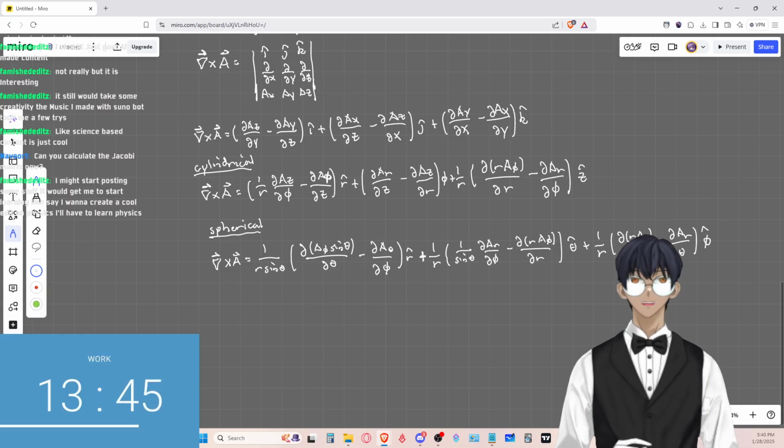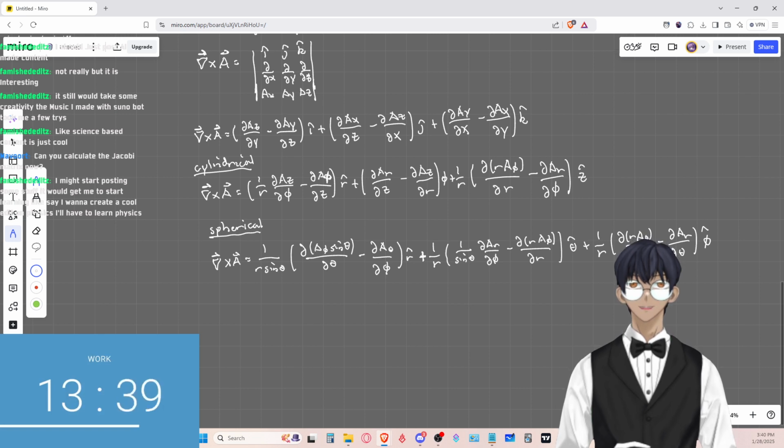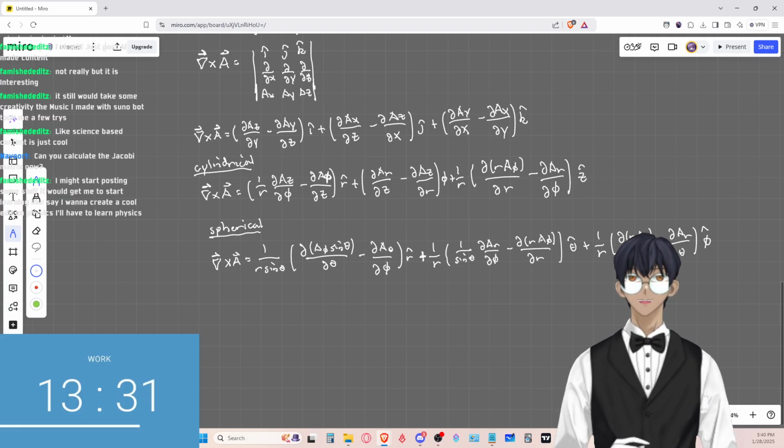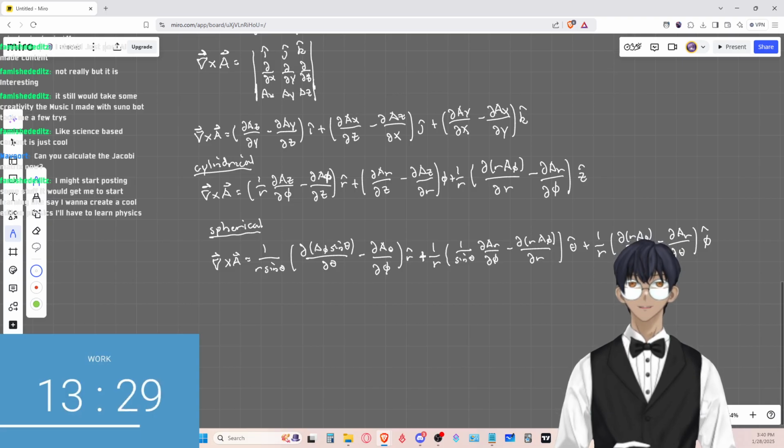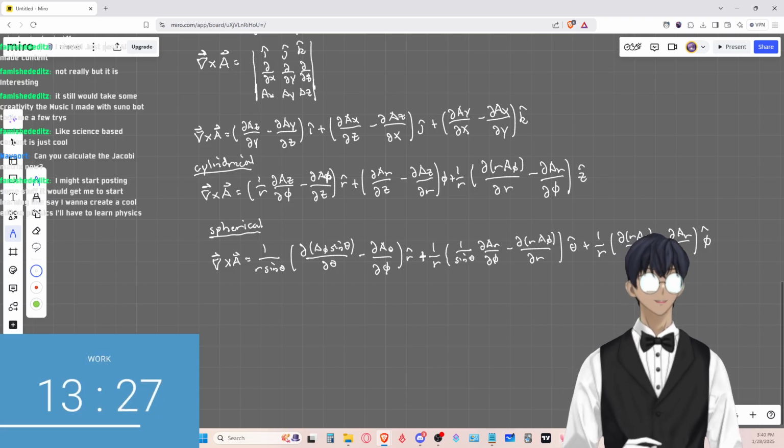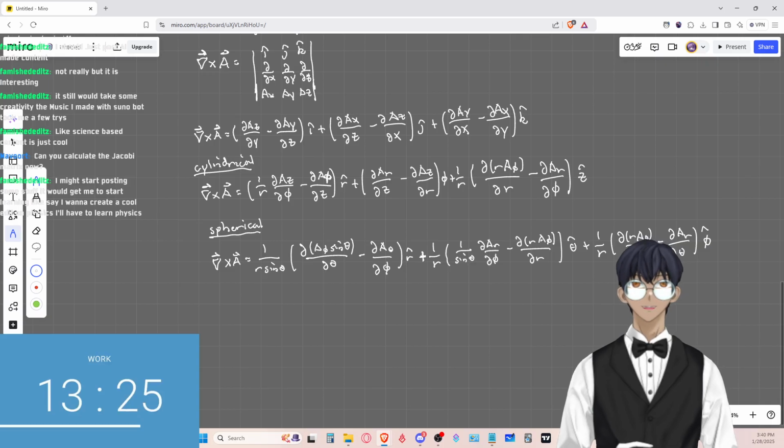Okay, let's look at the other image here. Location 6 is obviously positive divergence.